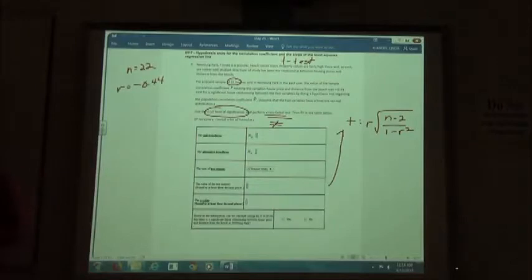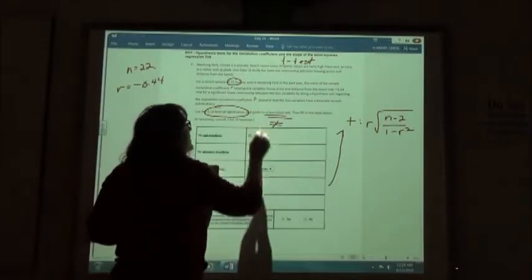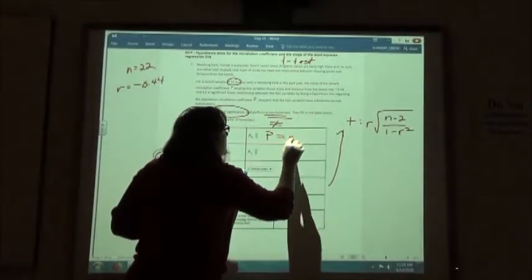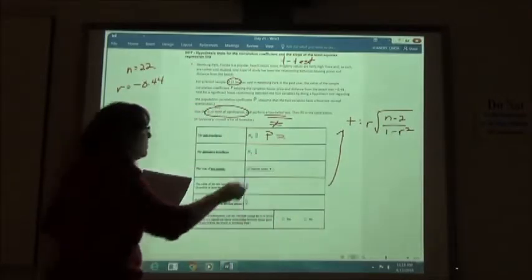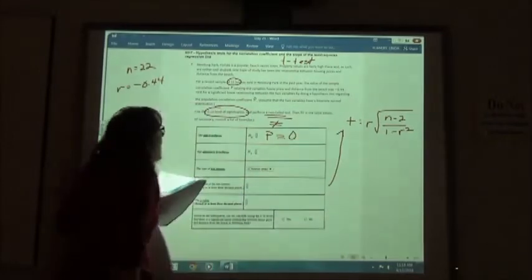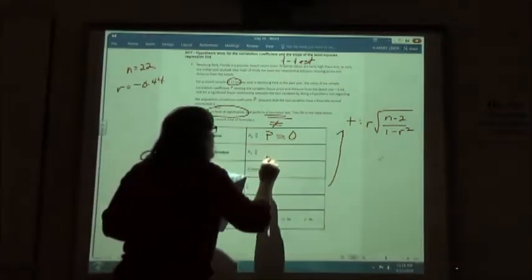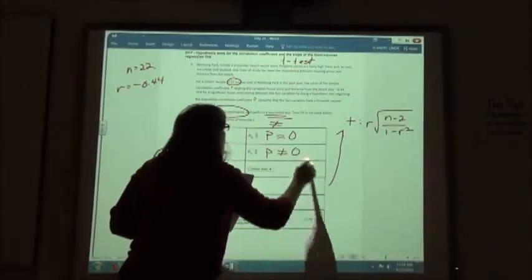The one-tailed test had the greater than and the less than. Two-tailed test is a not equals. Therefore, our null hypothesis is p equals 0, and my alternative hypothesis is p does not equal 0.